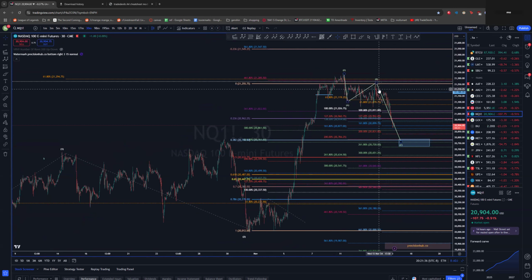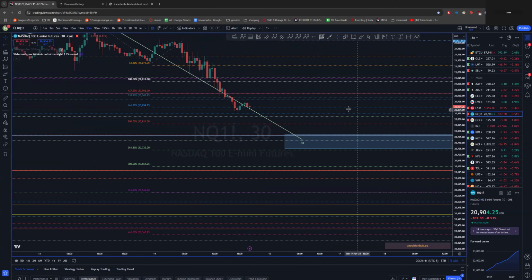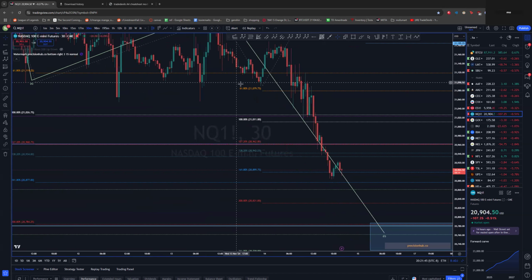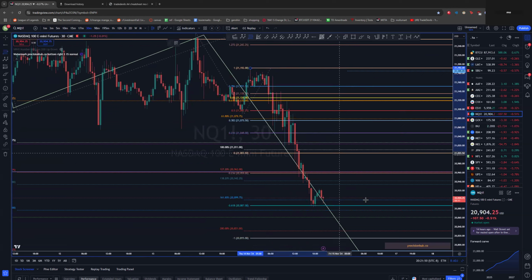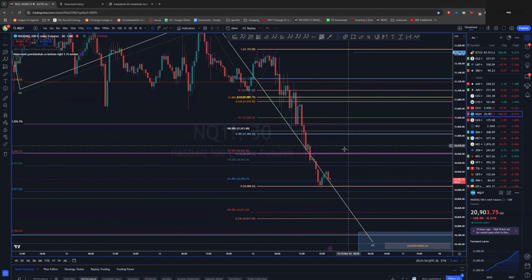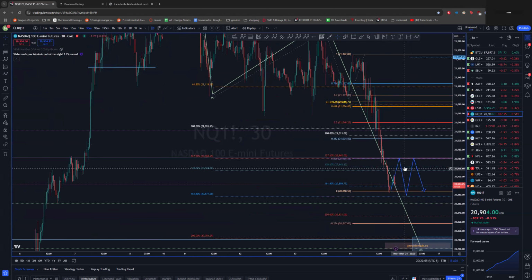So that is where I get my idea that for the next couple days, we are going to consolidate for a bit, because it makes sense for the three wave to end here. So in theory, this fourth wave will probably bounce anywhere between this area, something like this, or if it's super impulsive, there is a pretty decent lack of structure.